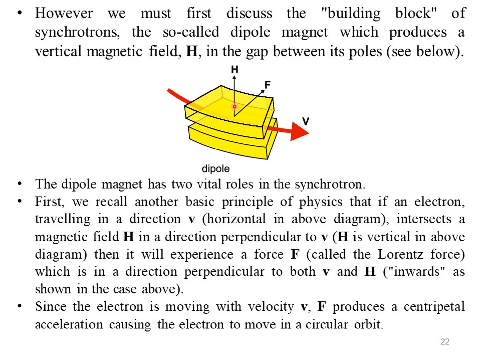Since the electron is moving with velocity v, F produces a centripetal acceleration, causing the electron to move in a circular orbit.